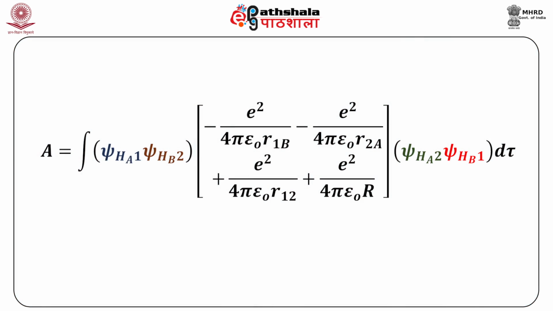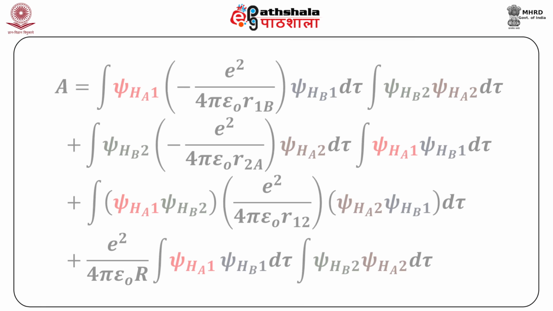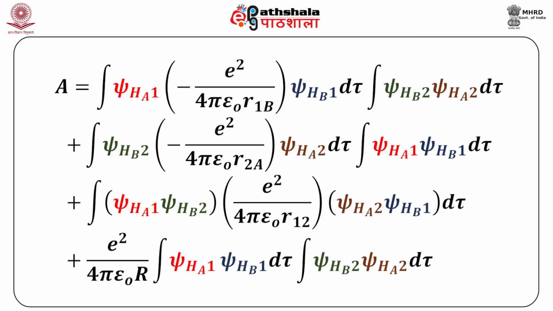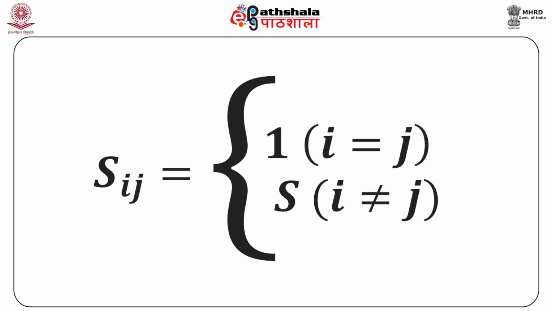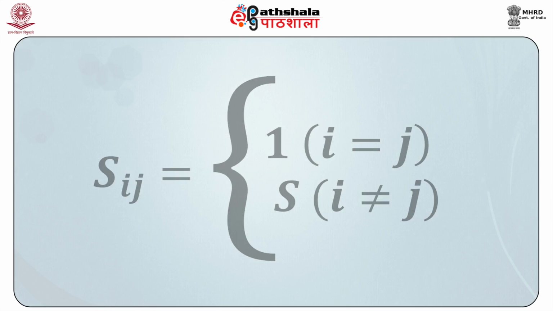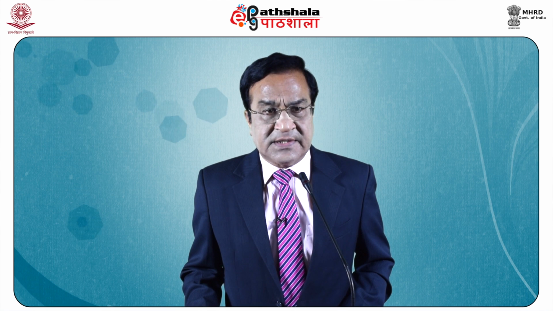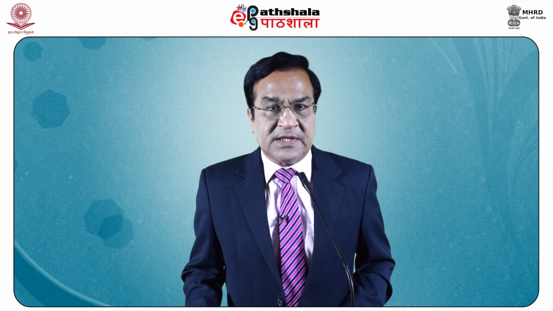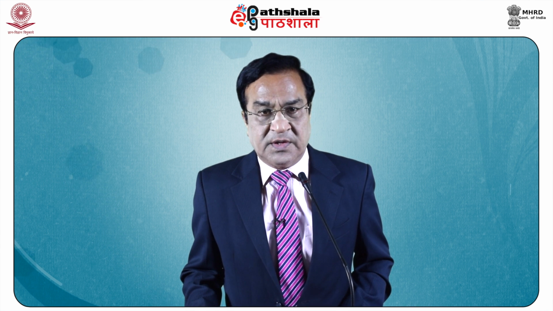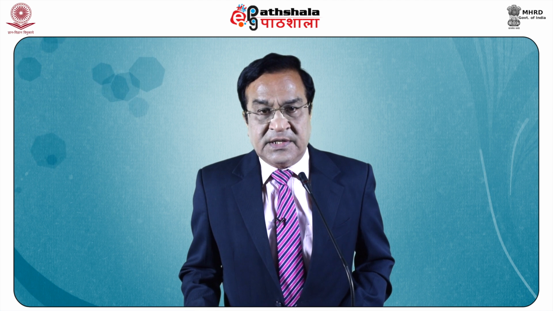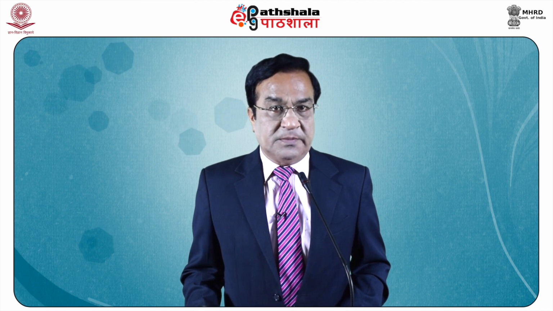Exactly on similar lines, one can go into the details of the expression for A. Here you can see again there are four terms and we are substituting and expanding it. Since atomic orbitals are normalized, and overlap integrals represent the overlap, which we have seen already, here also we get four terms. But the integrals in the above expressions cannot be interpreted in a manner similar to that of the Coulomb integral.